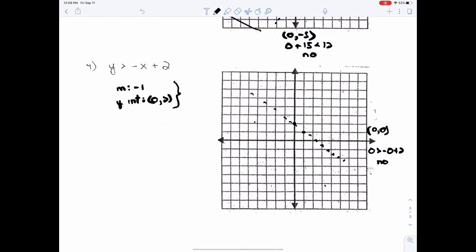A point on the top would be 0, +3. So let's try that. So we have 3 is greater than -0 plus 2. And that's correct. So we're going to shade the top part. So again, I strongly suggest you pick a point on each side.